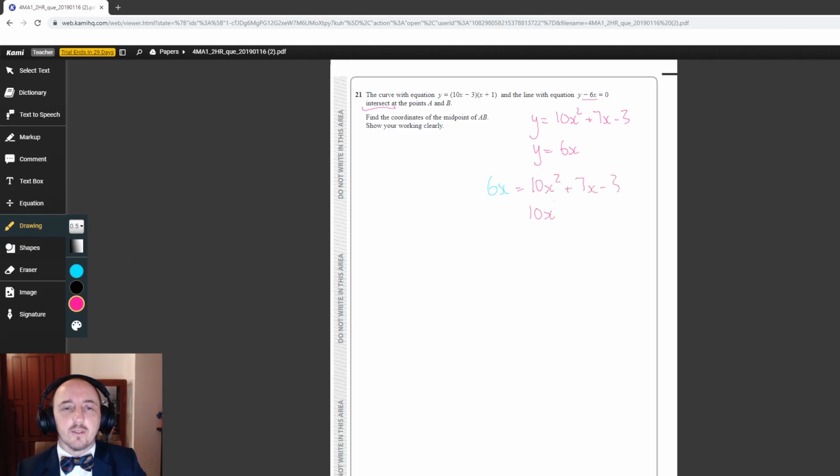rearrange, minus 3 equals 0, and we can factor this. So 5x plus 3, 2x minus 1. So our x equals a half from the second bracket, and x equals negative 3/5 for the first bracket.